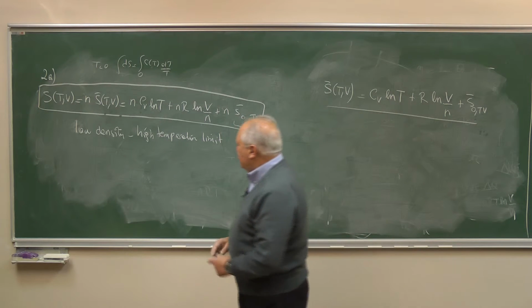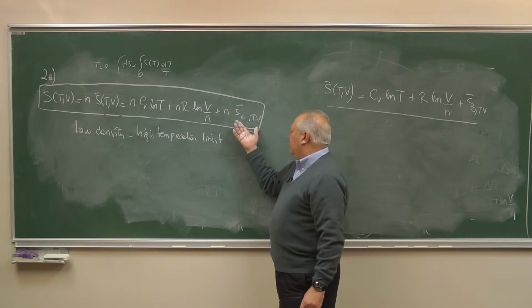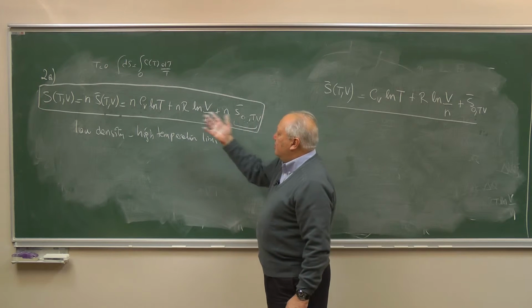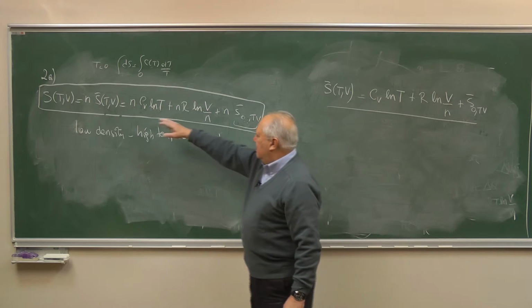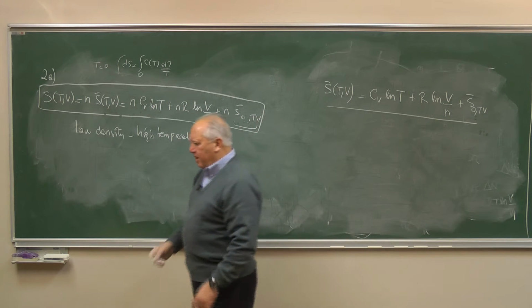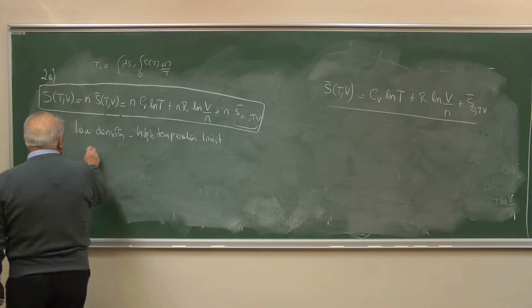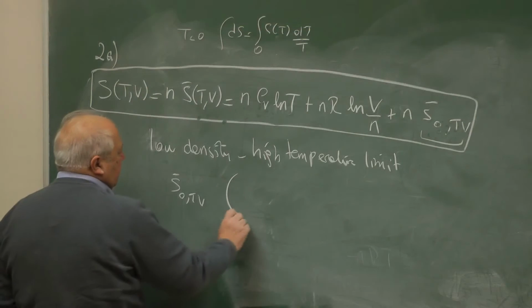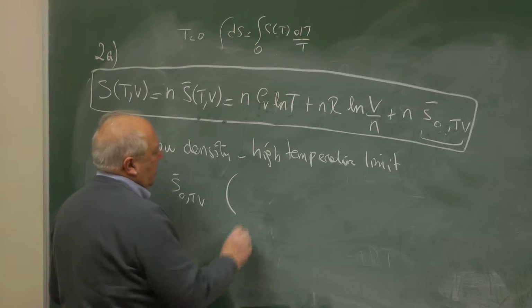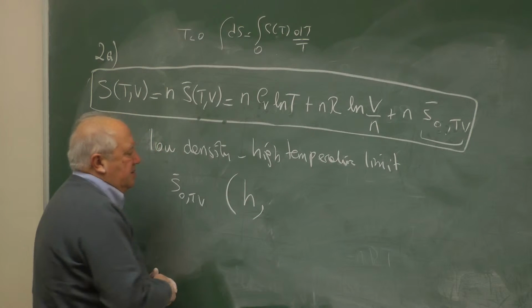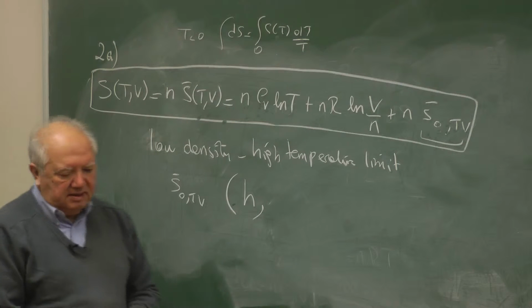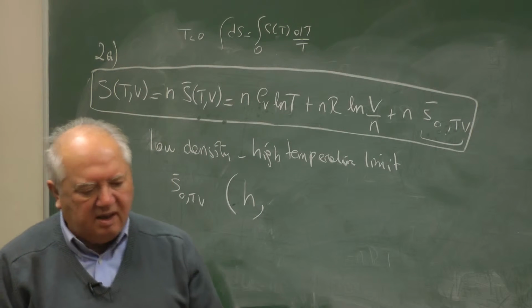So what makes S0 of T, V with the entropy 0 at temperature 0 will depend on temperature. But S0 will depend on, for example, Planck's constant, which is the quantum constant that tells you how important the quantum effects are.